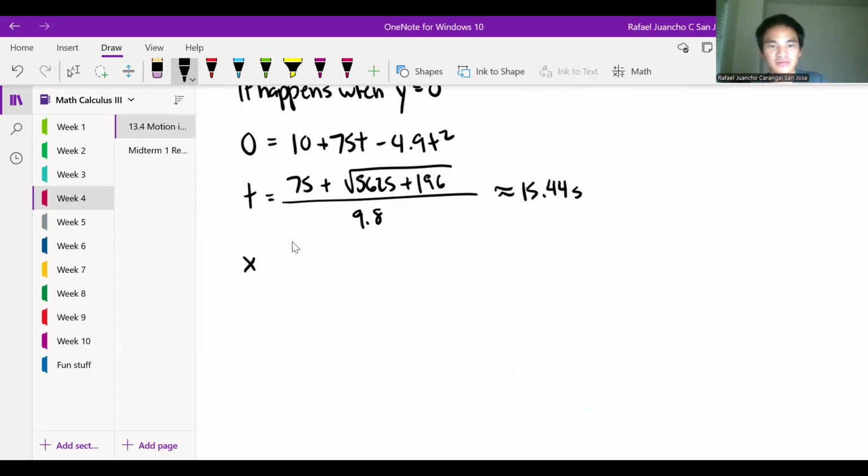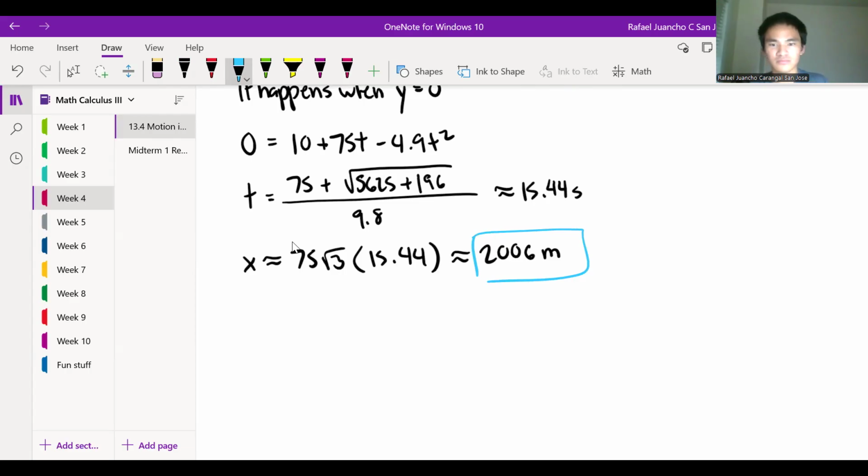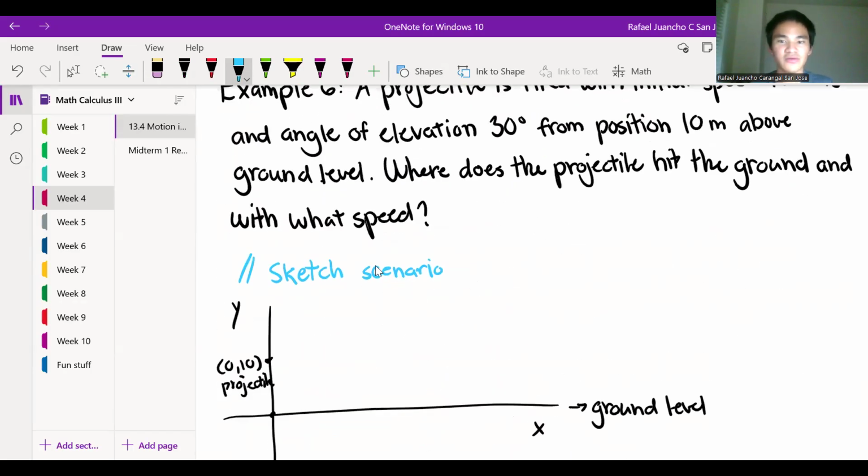So approximately, if we put this to our function as our t, 15.44, well then it would approximately go 2006 meters away. Okay, what else? So that's where and when.